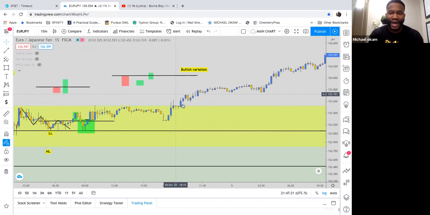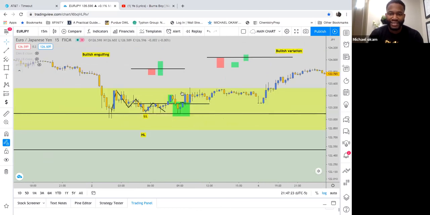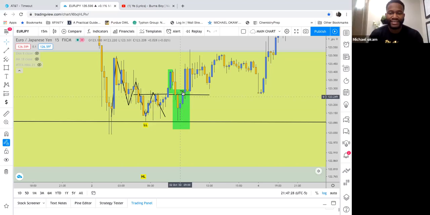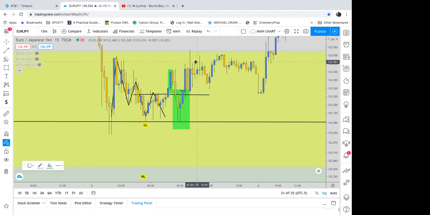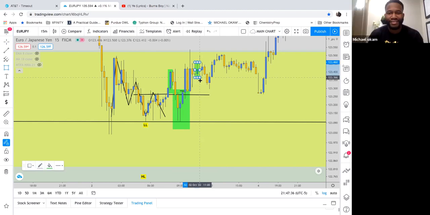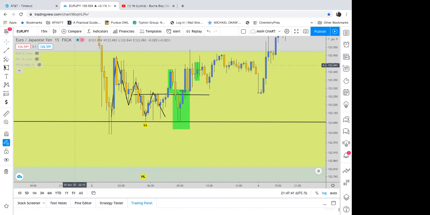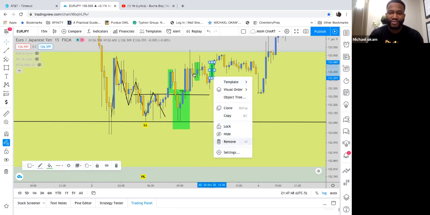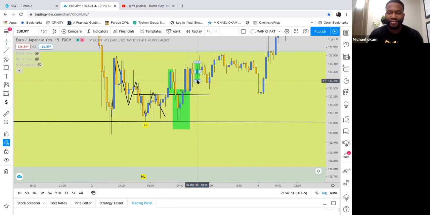I want to see a nice body on the bullish candle. This says there's a lot of momentum, a lot of buyers in this candle. If I saw something like that, I don't think I would have taken that trade. It looks ugly. I need to see something like this. That's a buy candle. This other candle is confused, you know?